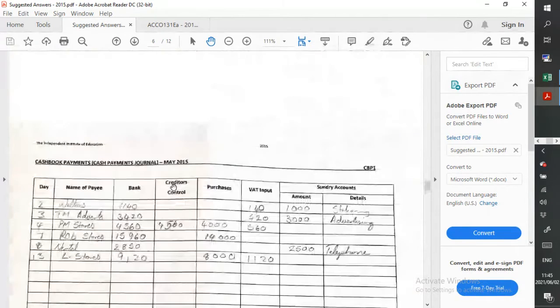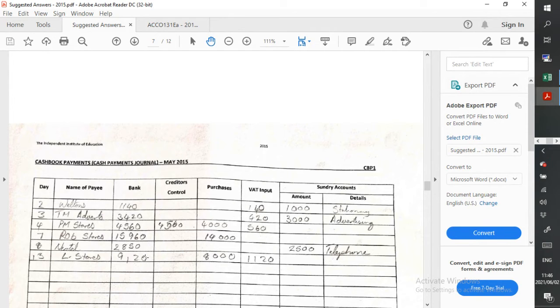So here also, we're not supposed to be calculating your input VAT and your purchases, because we would have calculated input VAT when we actually made the purchase. So these two should be blank.